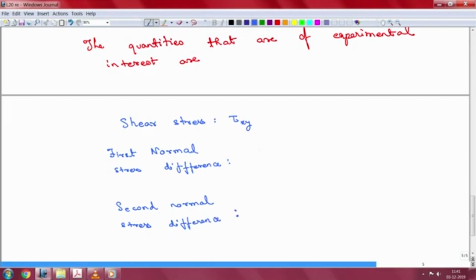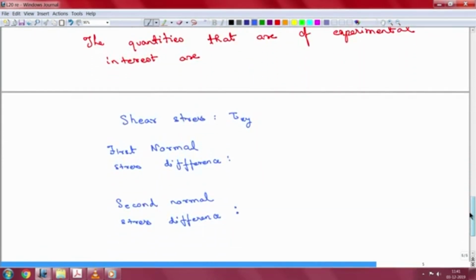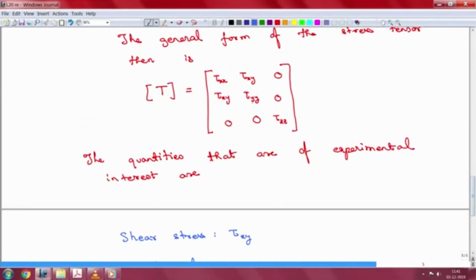So the first normal stress difference is the difference of these two components right here, so tau xx minus tau yy. Let us write that down. And similarly, the second normal stress difference by a similar logic would be tau yy minus tau zz.